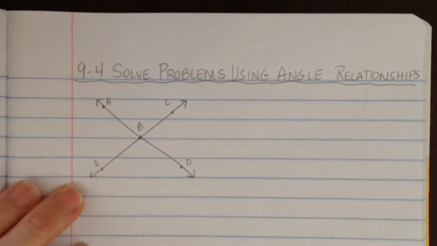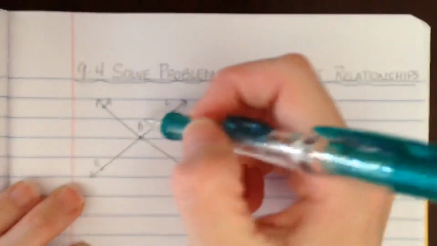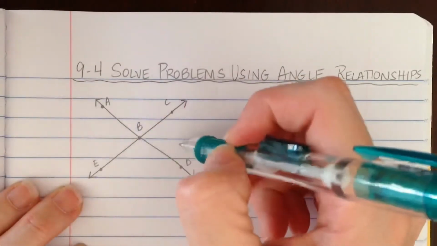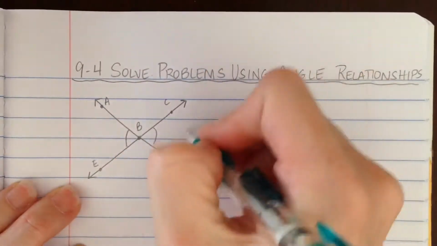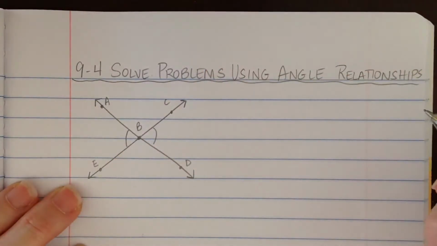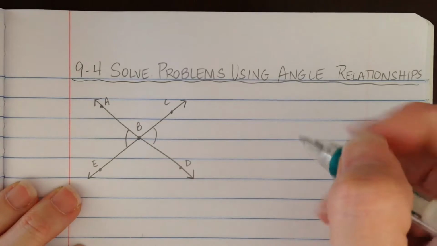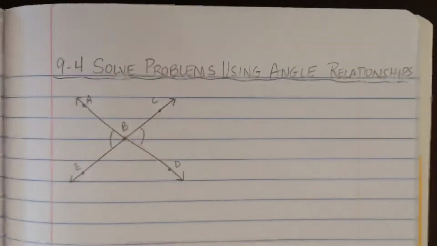So what happens here is that angles that are on opposite sides of each other, these opposite V's, are called vertical angles.